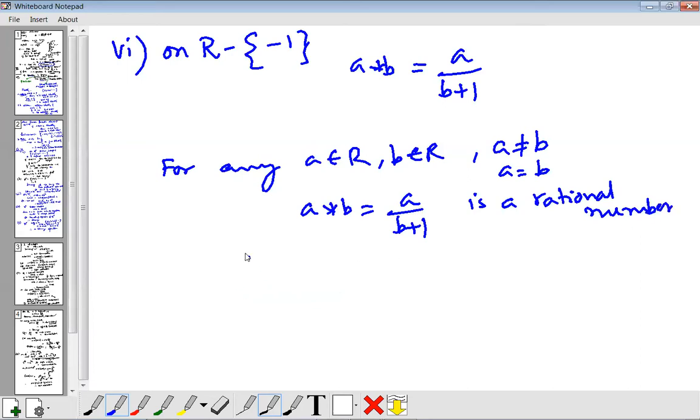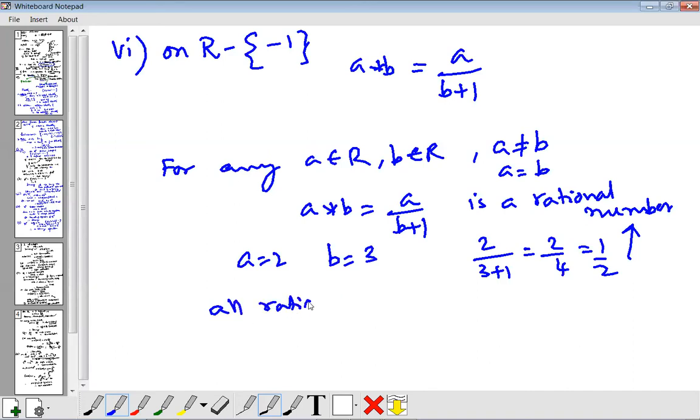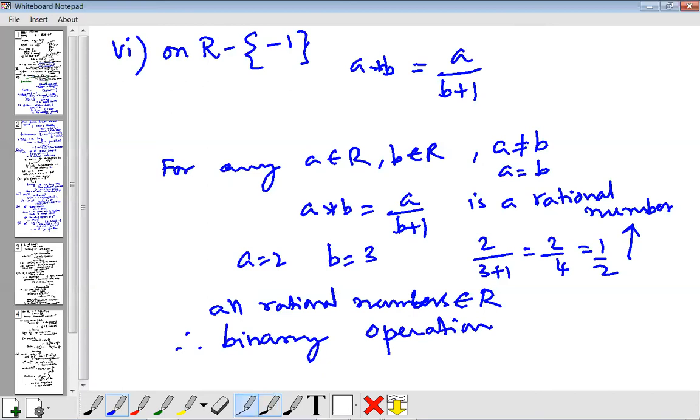You will have A equal to 2, B equal to 3, then you'll have 2 by 3 plus 1, which is 2 by 4, half. It's a rational number. All rational numbers belong to real numbers, isn't it? Therefore, it's a binary operation. So the result is back into the real numbers. For any value you take, you still get a rational number. A rational number is a real number.